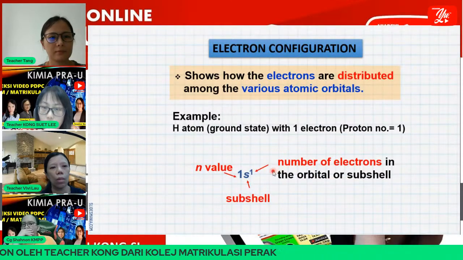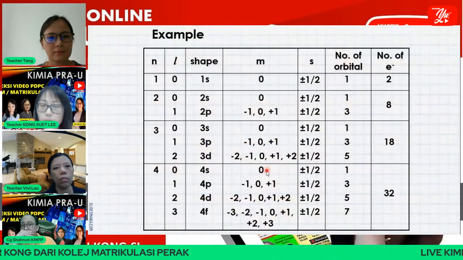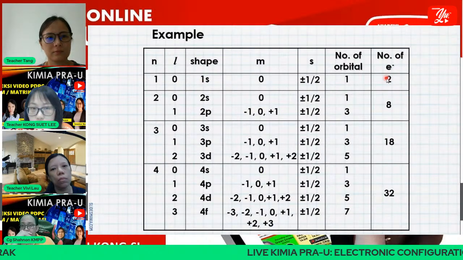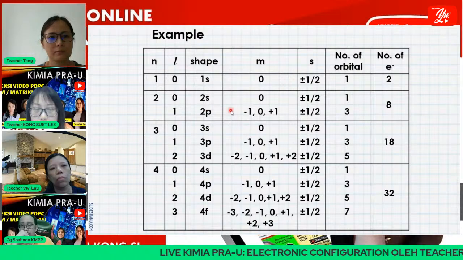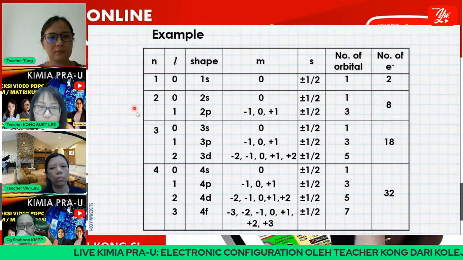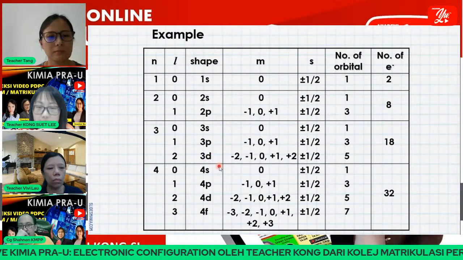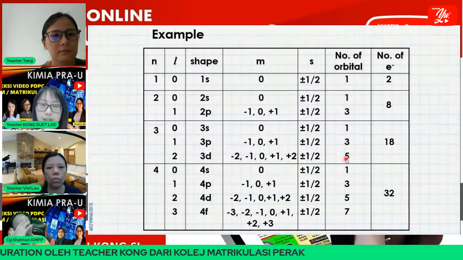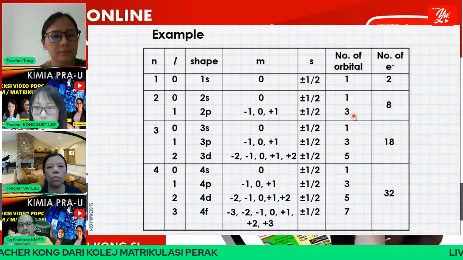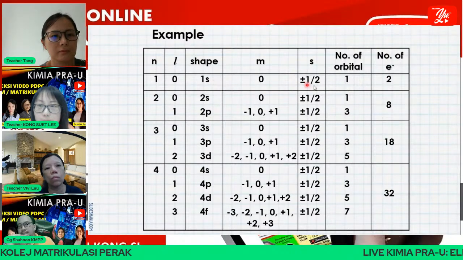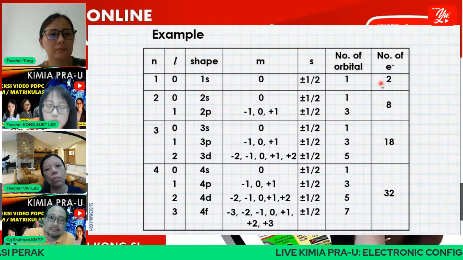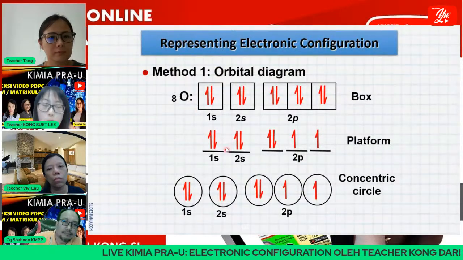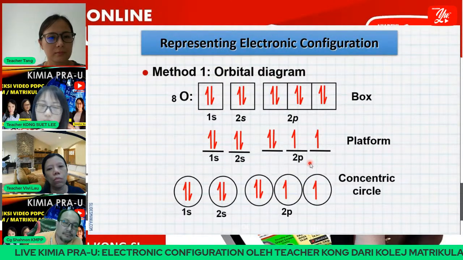We must know that the s orbital holds a maximum of 2 electrons, the p orbital a maximum of 6 electrons, and the d orbital a maximum of 10 electrons because 5 orbitals times 2 equals 10. For p, 3 orbitals times 2 equals 6. For s, 1 orbital times 2 equals 2. So later we will know why it is 1s2, why it is 2p6, and so on.